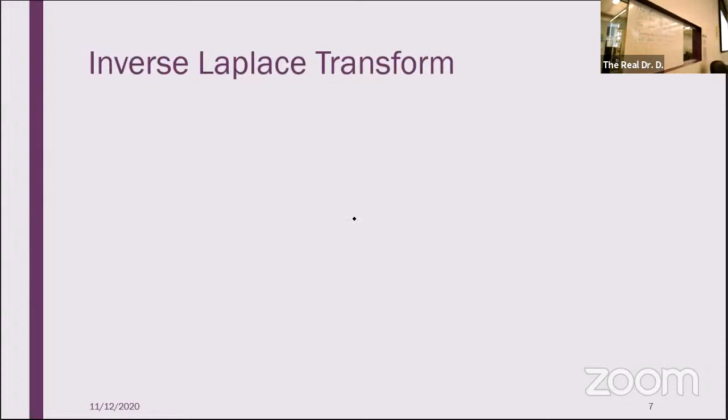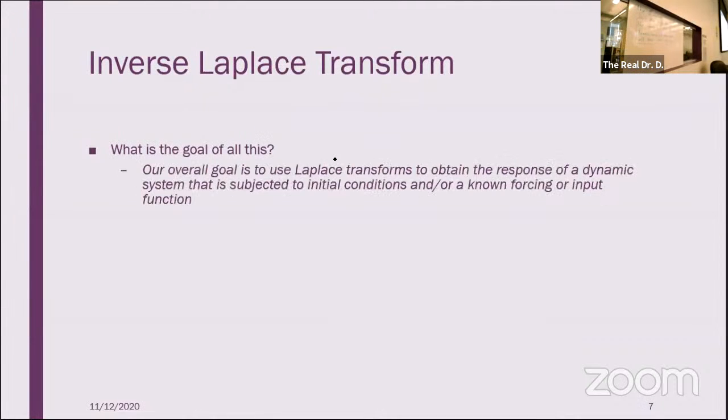So what is an inverse Laplace transform? I know we went over some of this at the end of last class, but I thought it'd be good to go over it again. So what is the goal of all of this? Our overall goal is to use the Laplace transform to obtain the response of a dynamic system that's subjected to some initial conditions and/or a known forcing or input function.